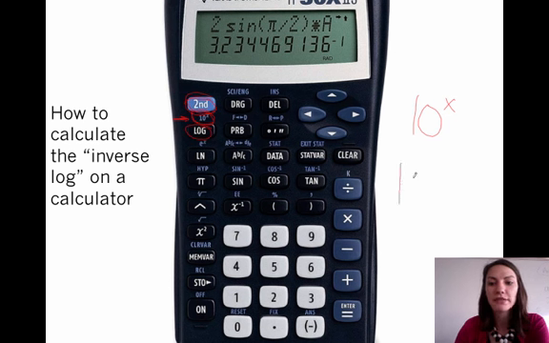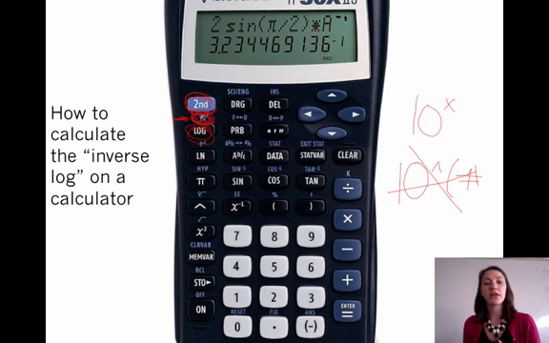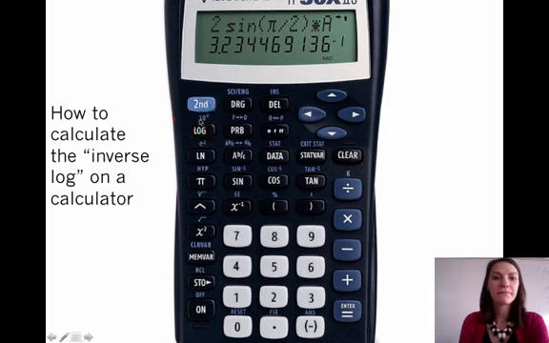And what will pop up is usually this, and then a little caret, and this, and then you'll put your number in here. Okay, but you don't need to type this in separately. What I want you to do is I want to hit second, log, and that will get this to show up on there. That's called the inverse log.